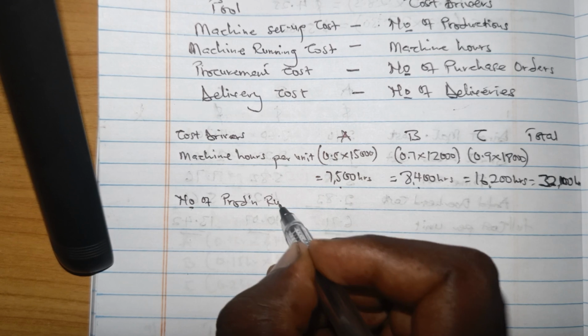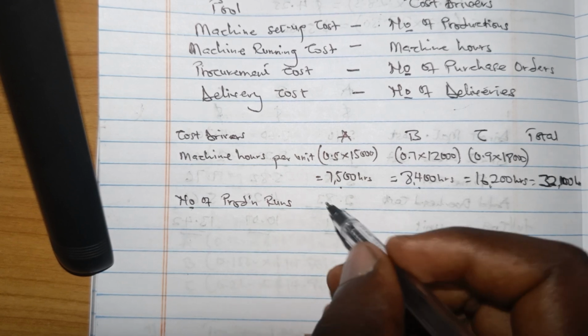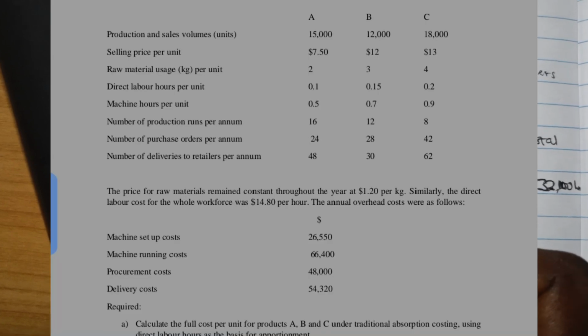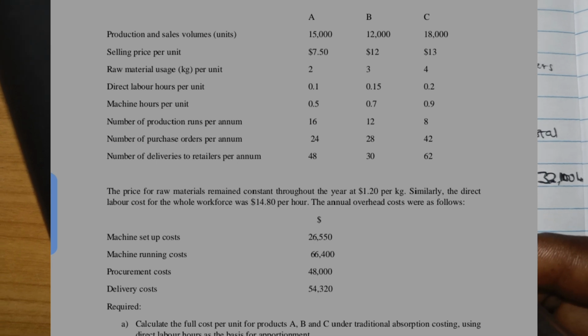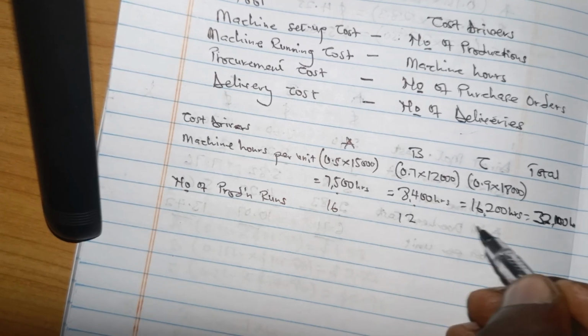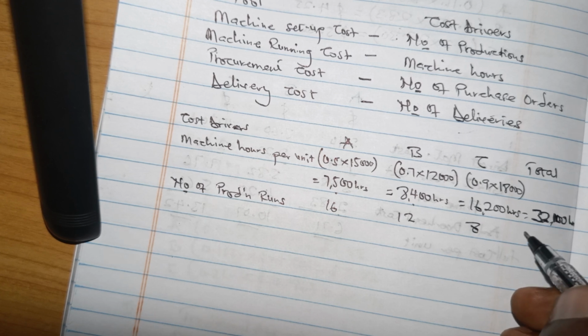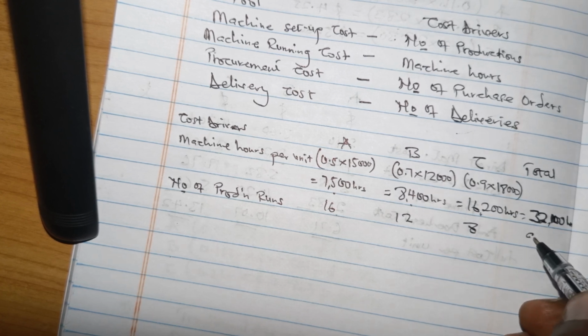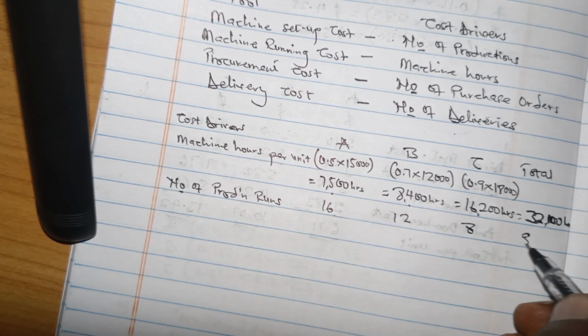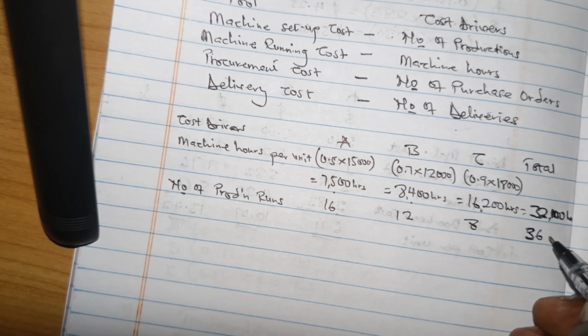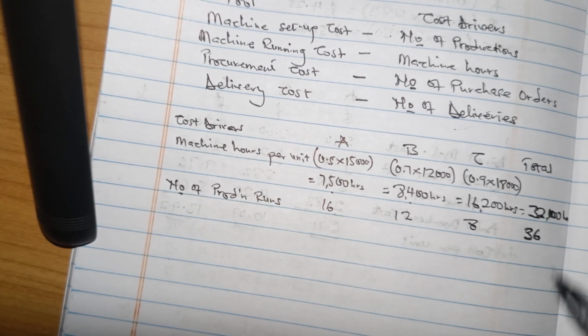According to the question, A is 16, B is 12, C is 8. You put that together, you get 36. So 36 is the total.